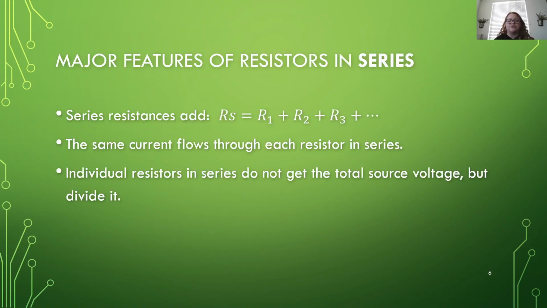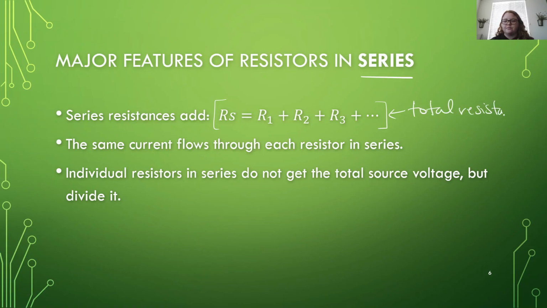All right, so let's remember some major features of resistors in series. The resistances add together. This is a major part of this. So in series, we can add the resistors together, and that would be our total resistance.